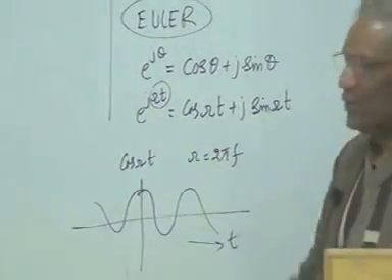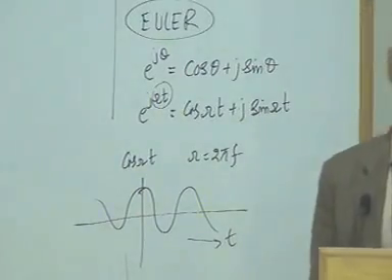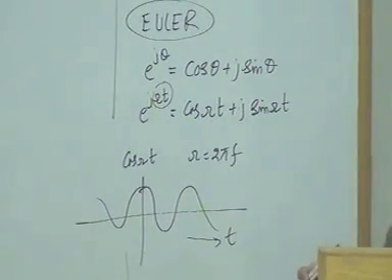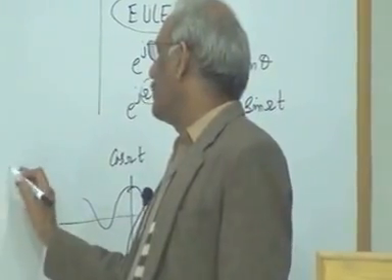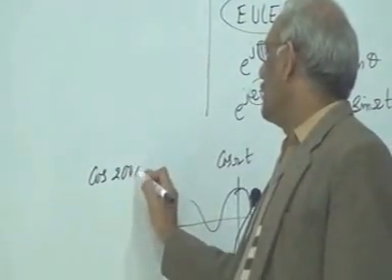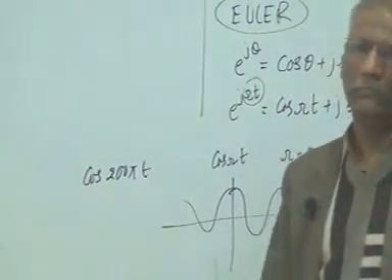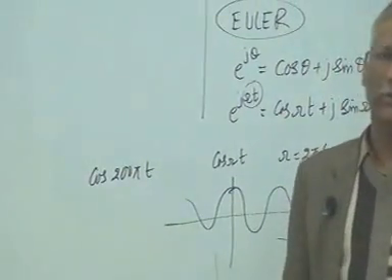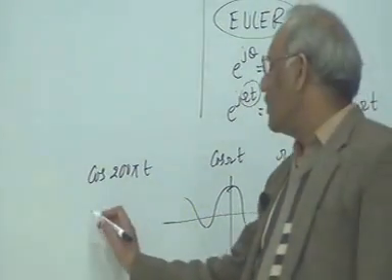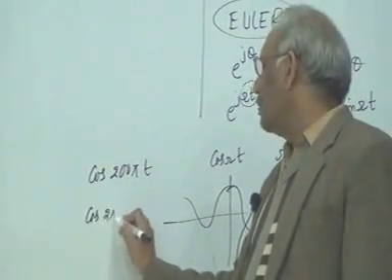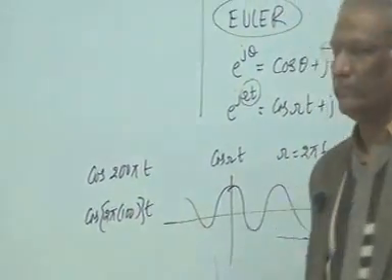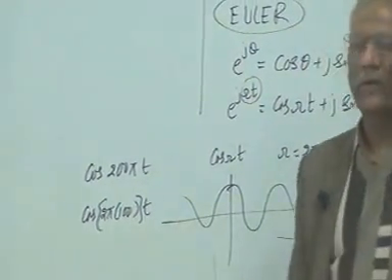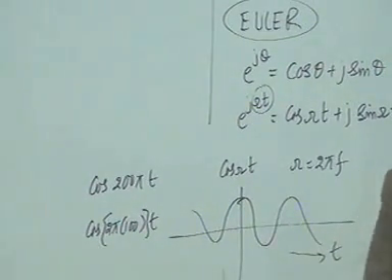So cosine omega t, we call that a single frequency, right? And we can put values here. If we have cosine 200 pi t, we say this is 100 hertz frequency because we can rewrite it as cosine 2 pi into 100 times t. This is your omega, and 100 is your 100 hertz. So this is a single frequency.